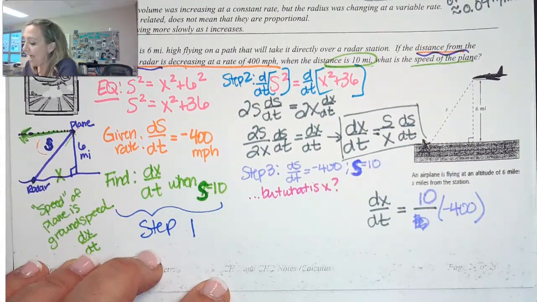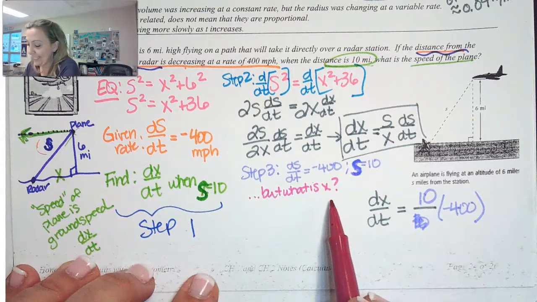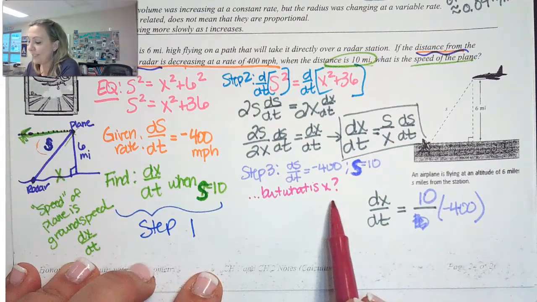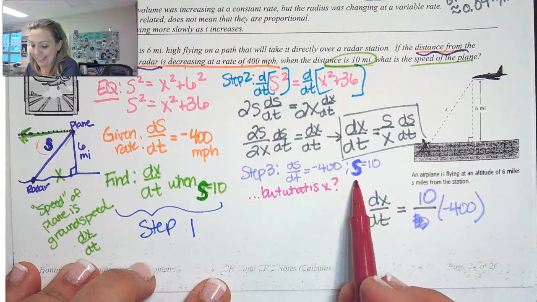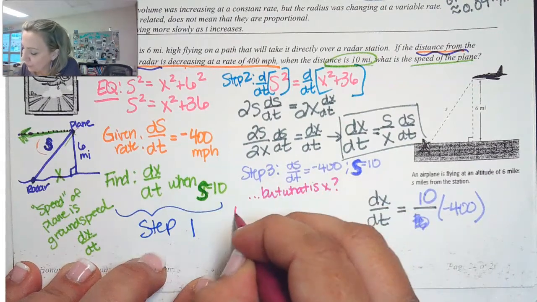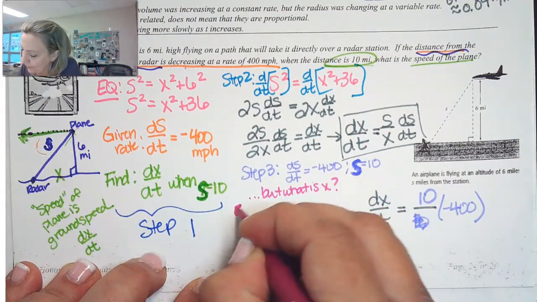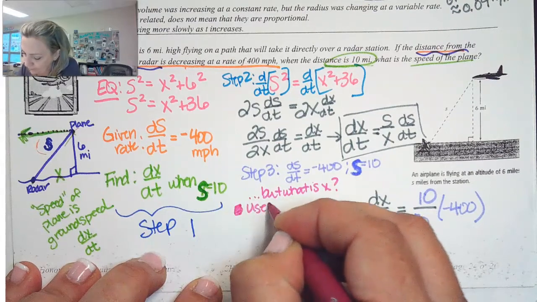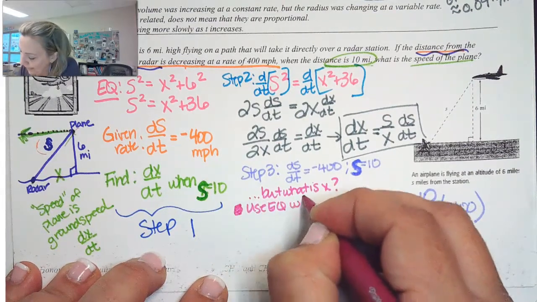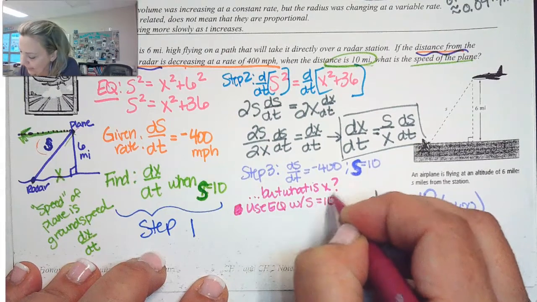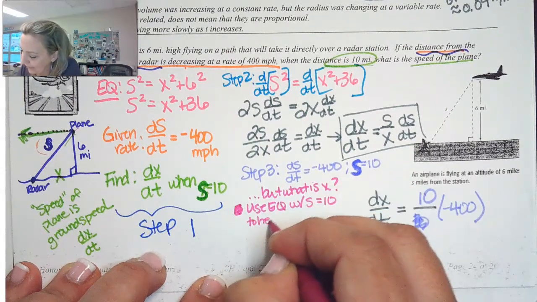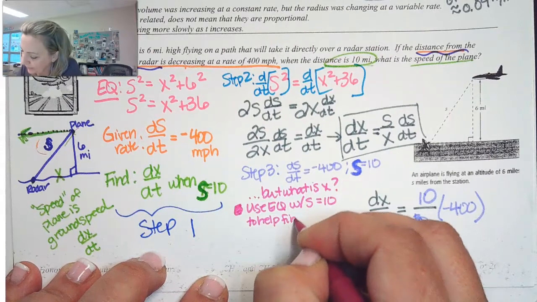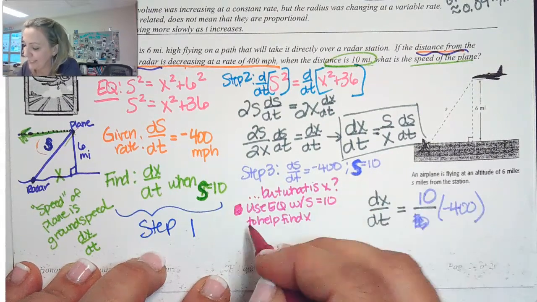How can we find what x is? Well, this is specifically when s is 10. So we can use the equation with s equals 10 to help find x, since it's now legal.